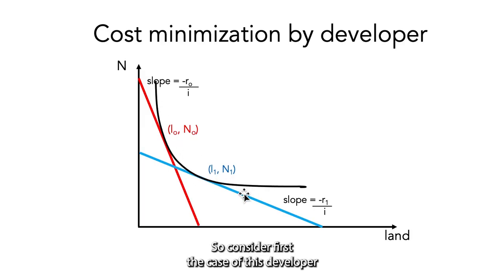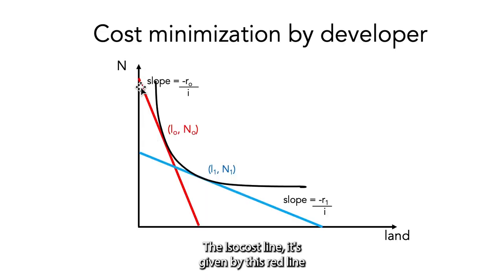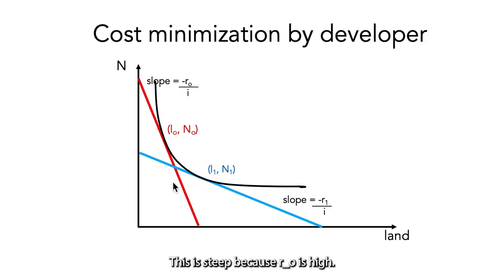So consider first the case of this developer close to the city core. This developer has a distance of x0 and a rent of R0, okay? The isocost line is given by this red line, and it has a slope of minus R0 divided by I. This is steep because R is high.